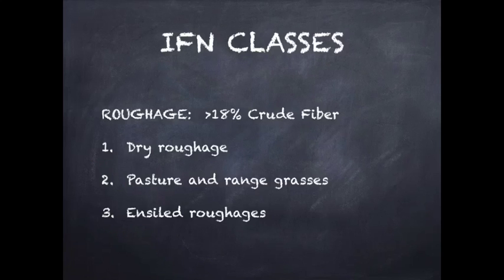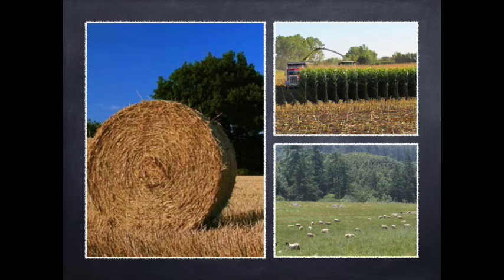If we want to take a look at some samples of these 3 categories, the first picture represents category 1, dry roughages. Hay is the classic example in that category. This lower picture represents category 2, the pastures or rangelands, or feeds fed fresh, essentially. This last picture represents category 3.